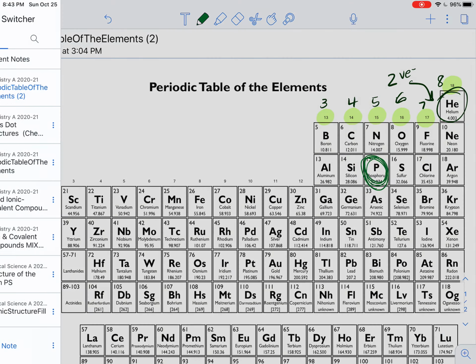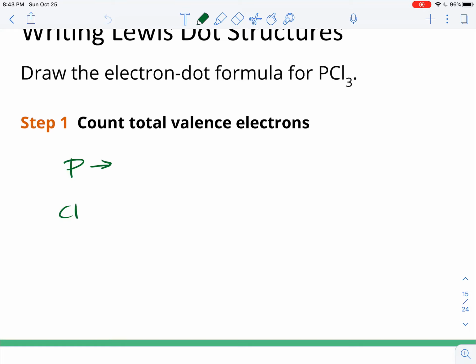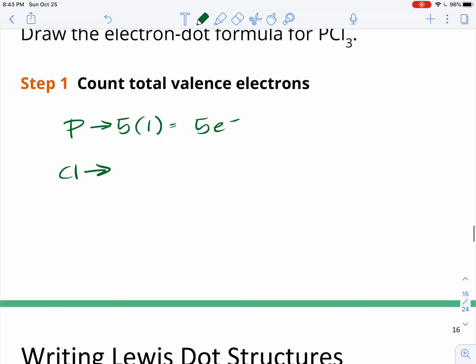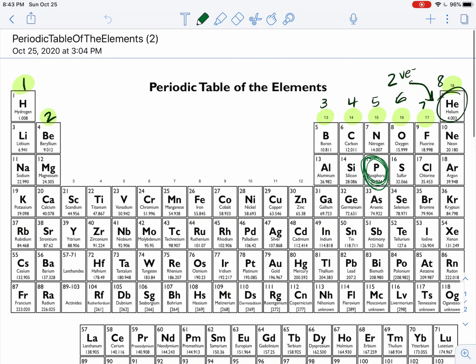So phosphorus has 5 valence electrons that it's going to bring to the valence electron total. I only have 1 phosphorus, so times 1, 5 electrons from that. Okay, so then we can look at chlorine. Here's chlorine. It has 7 valence electrons.